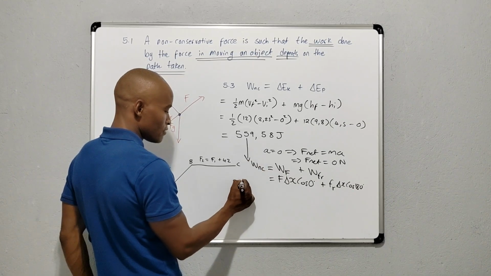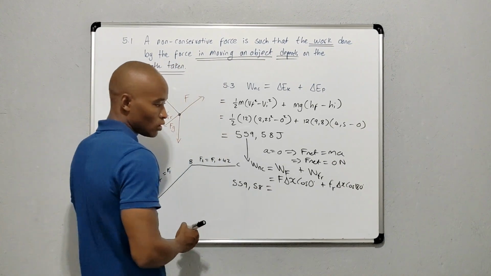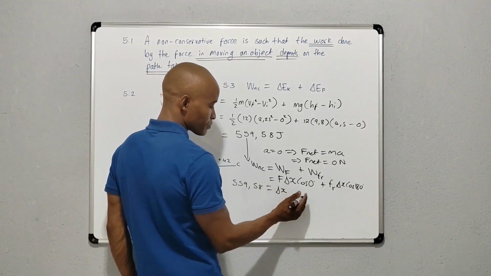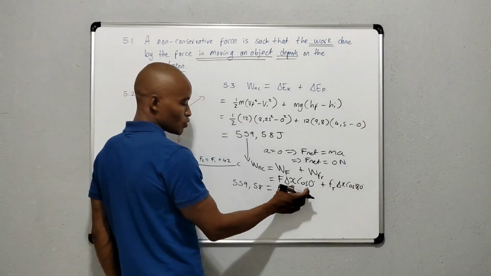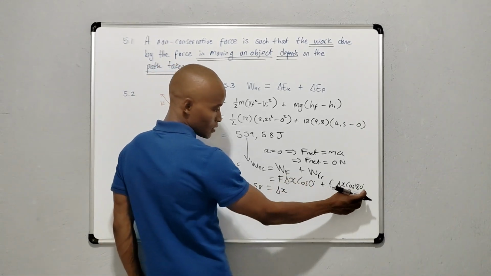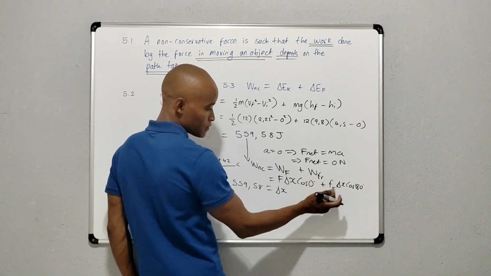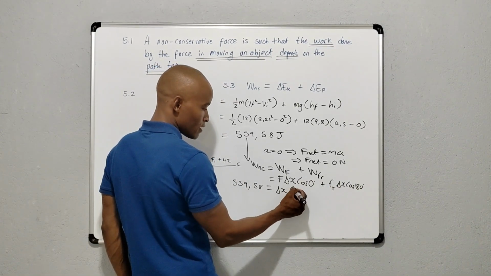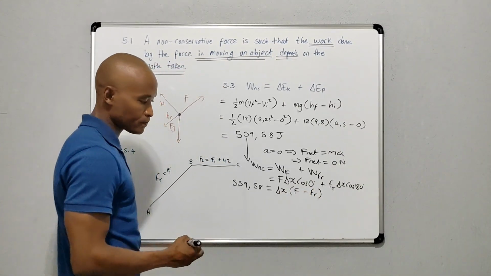So we have 559.58 equal to what? We have changing x there. So that is a 1, and it will just be 1 times this, which is F times changing x, and that will be a -1 there times that, giving us a negative Fr changing x. So we'll have F minus Fr, like that.